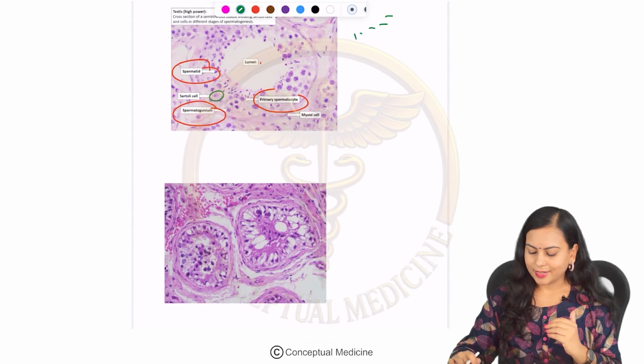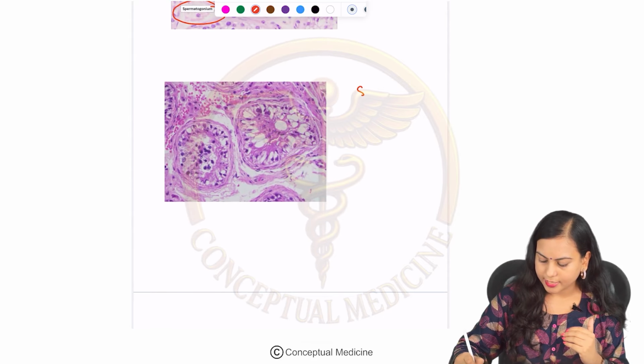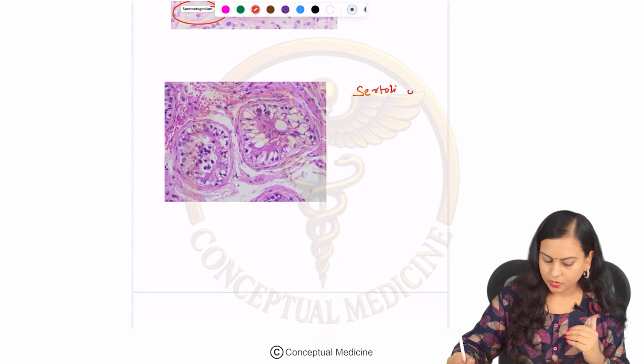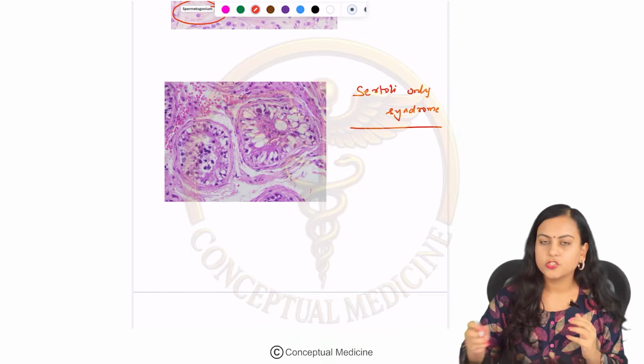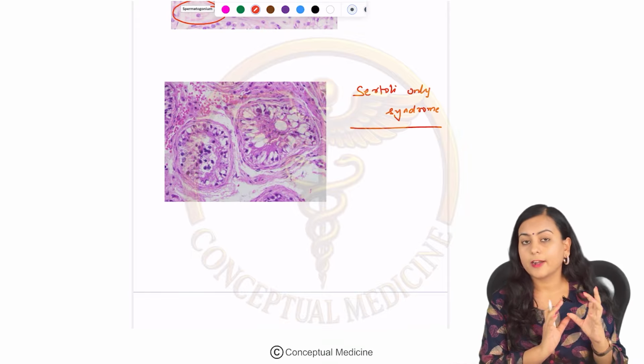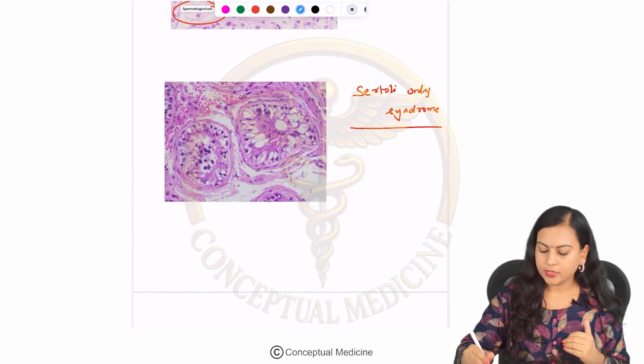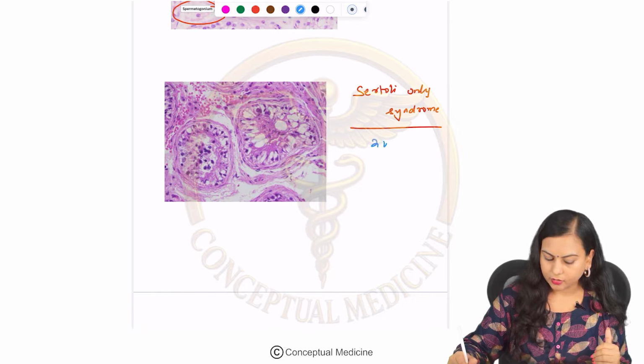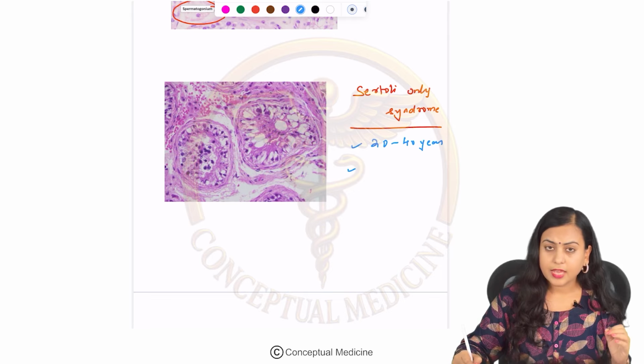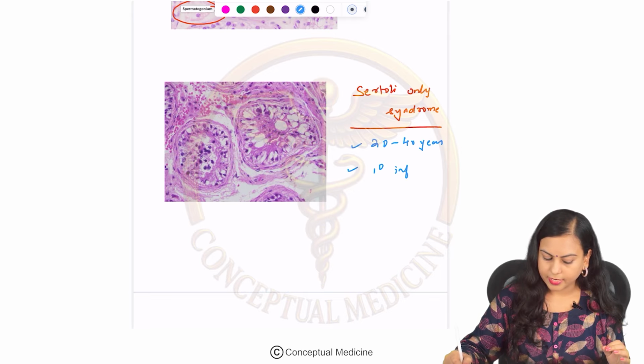Okay, so there is a condition called Sertoli cell-only syndrome, where you don't have any germ cells and you have only Sertoli cells. These people are usually young. They present at a younger age itself, between 20 to 40 years, and they will have primary infertility.